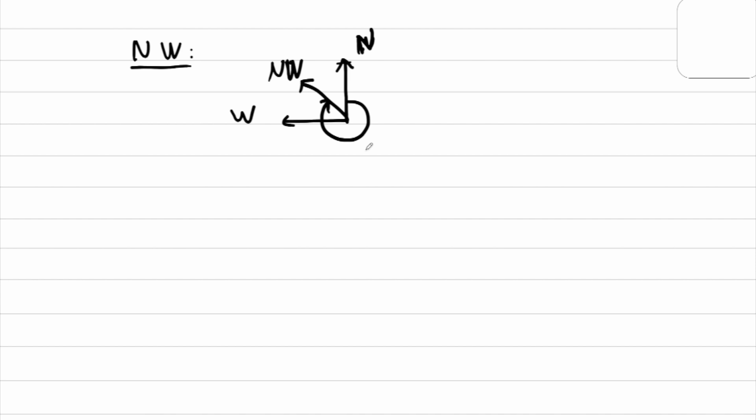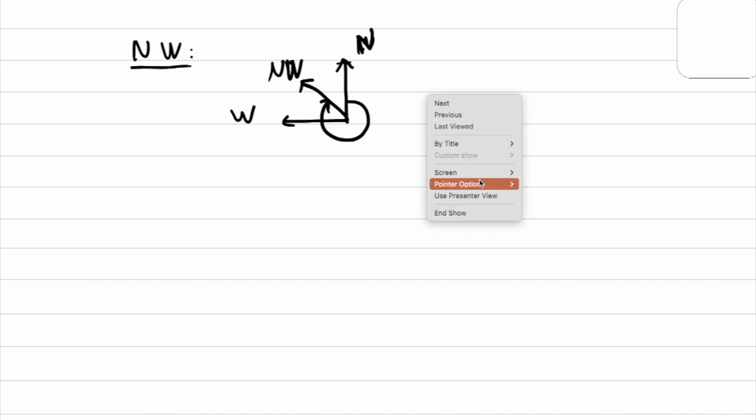Continue with the last one, northwest. You have north here and west here, and the bisector angle will be here. Now you have the northwest direction. And the angle you make for this one is very big, right?